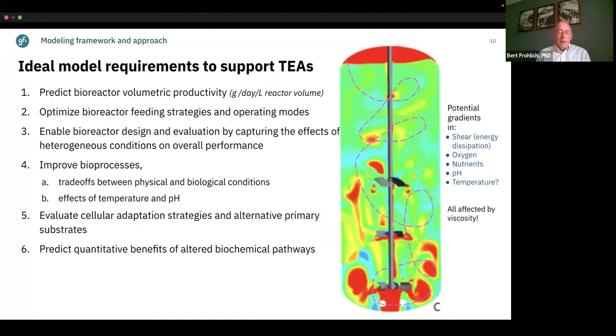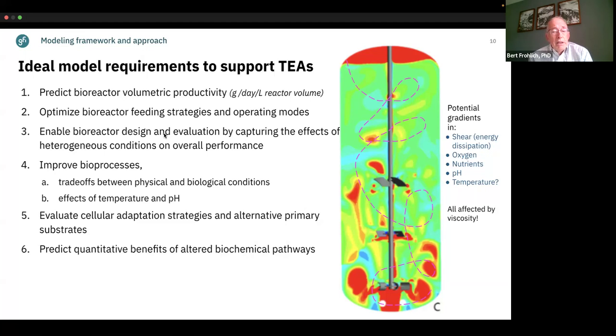Thanks for joining, everybody. So really, the first question is, what does this model need to do for us? And we put together this list of specifications, if you will, and there's probably as many models as there are applications out there, but we want to be very specific about a model that can help support future TEAs.